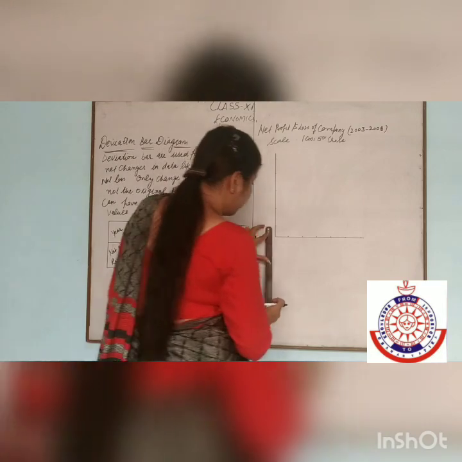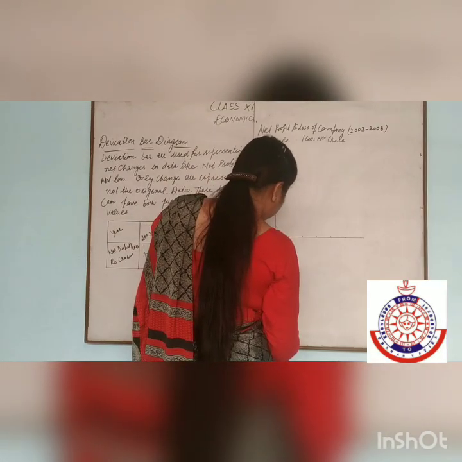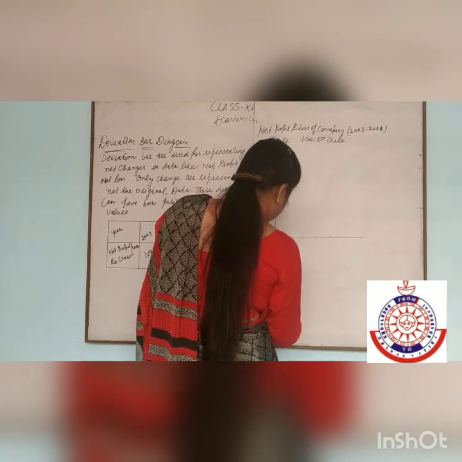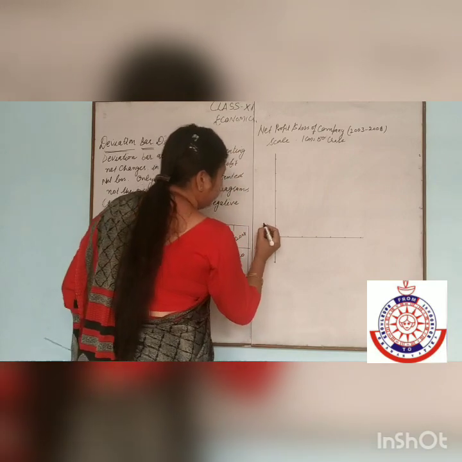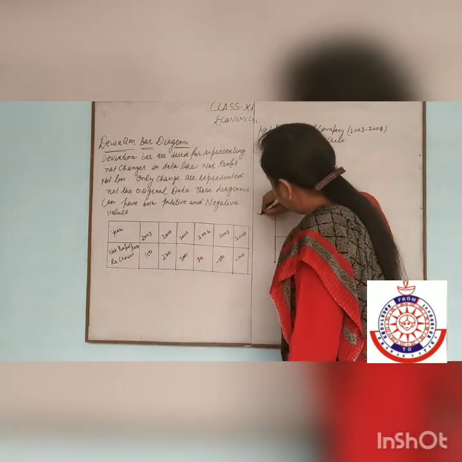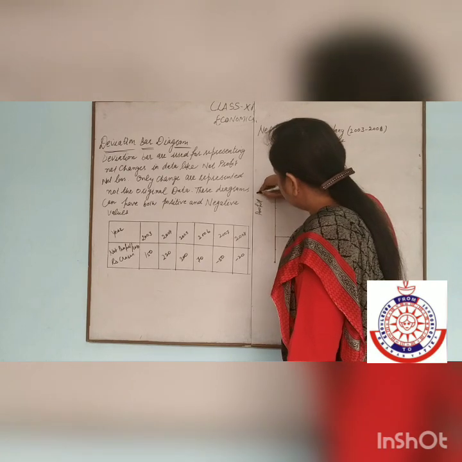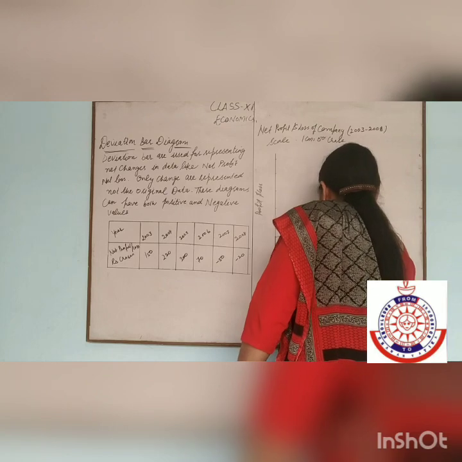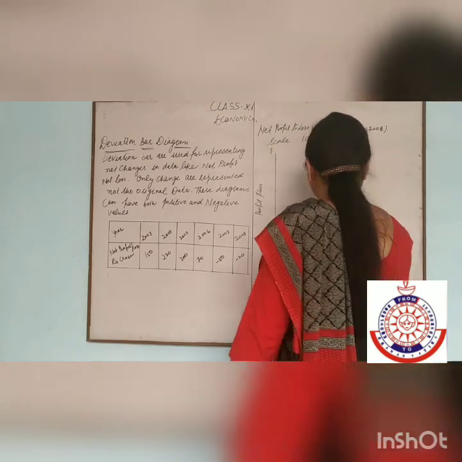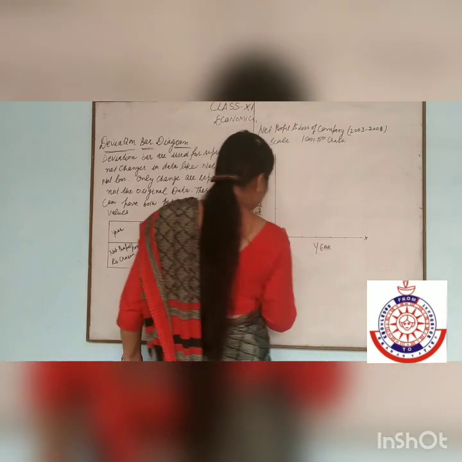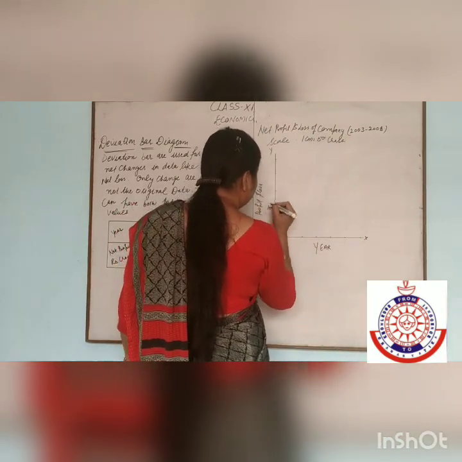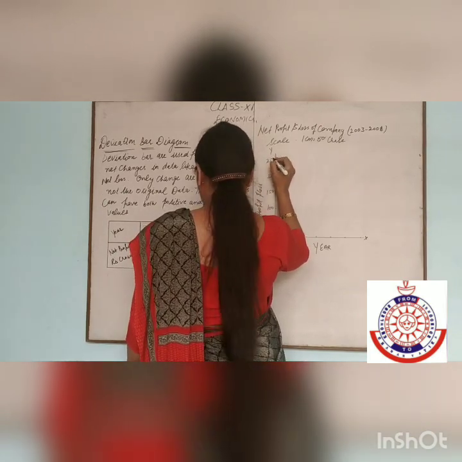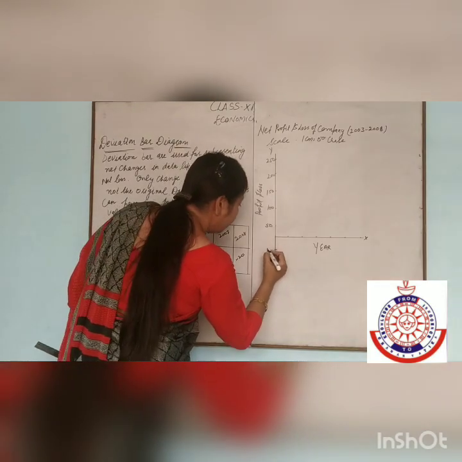And loss, negative, is also given here. Profit and loss, and here we will show the year. This is OY and this is the OX axis. The values are 50, 100, 150, 200 and 250.